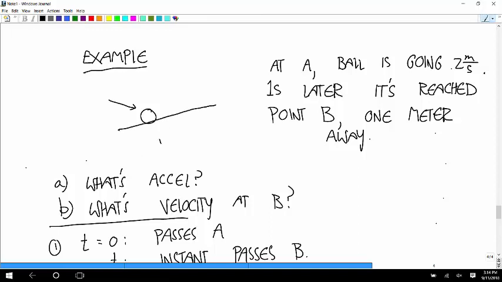Okay, so here's A, here's B. Right, that would be odd. I suppose there's ways that could happen, but okay, so it starts out going like this. Now all the numbers work, but if you change it like this, now it makes sense that the ball's slowing down as it goes from A to B.